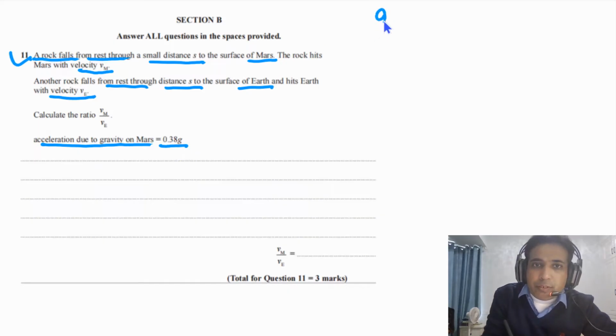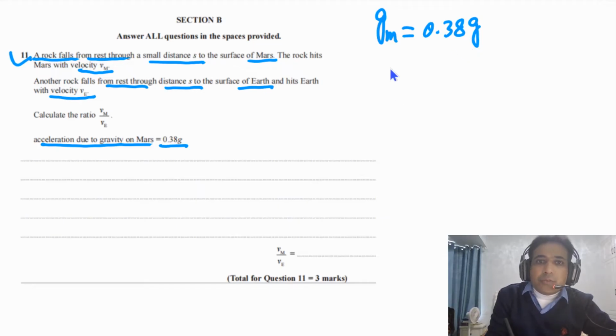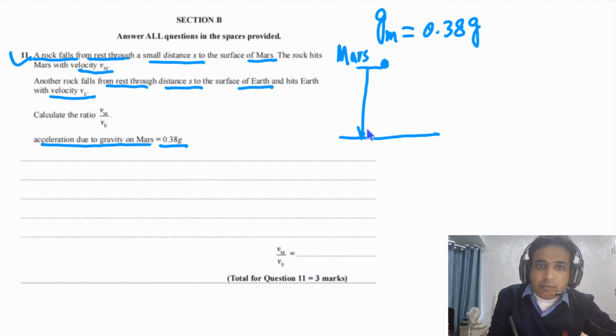So first of all, acceleration on the surface of Mars is equal to 0.38 g. We have two situations. The first case is Mars, and it is given to us the distance from the surface of Mars, this is s.